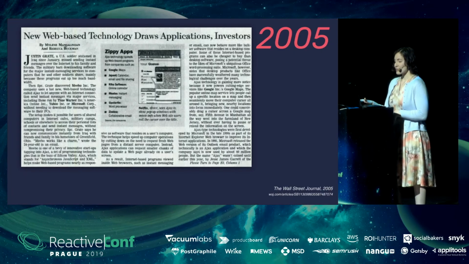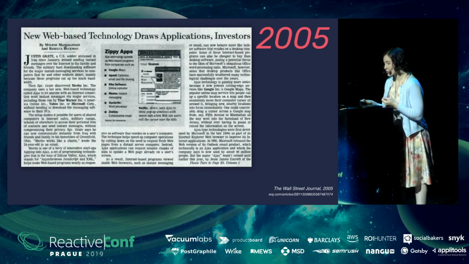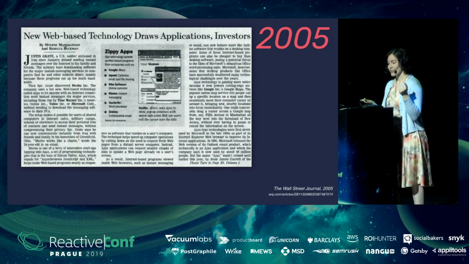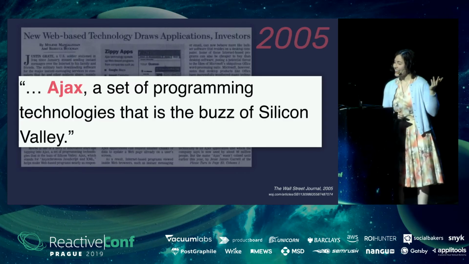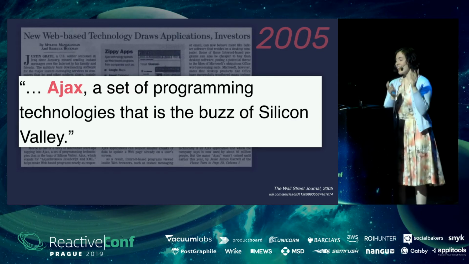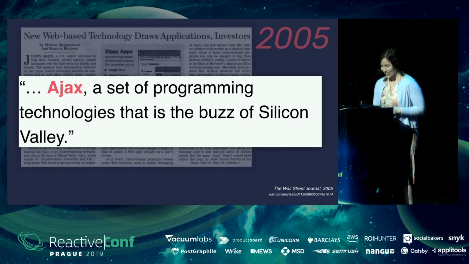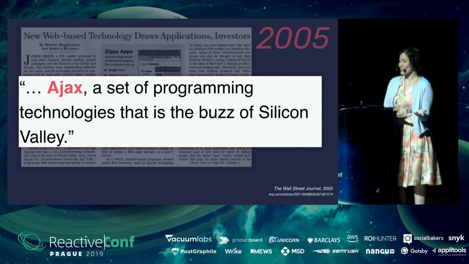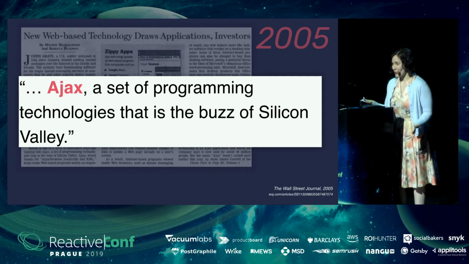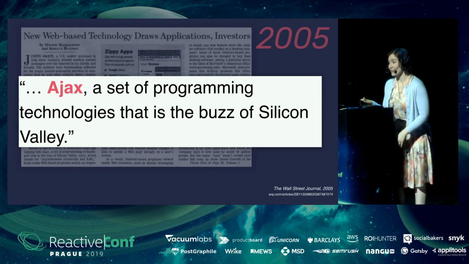You can see some evidence of when that became mainstream from articles like this in 2005 from the Wall Street Journal, talking about things like Ajax, the programming technology that's the buzz of Silicon Valley. Oh my God, Ajax, what's this new invention? But of course, Ajax wasn't anything new, and it was just a convenient acronym.